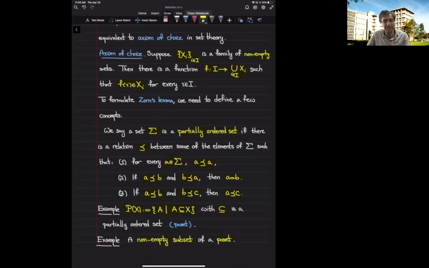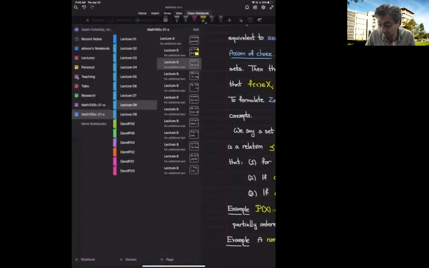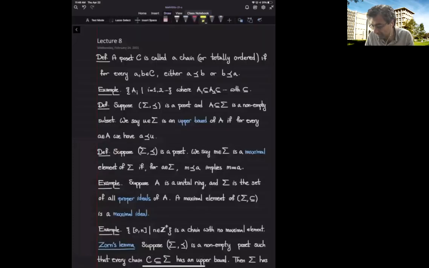You cannot necessarily compare them. That's why it's called a partially ordered set. Okay, so now we have two main examples. You can start with a power set and take any subset of that and then take inclusion. That way you get a lot of posets.